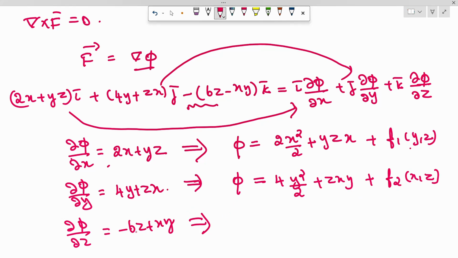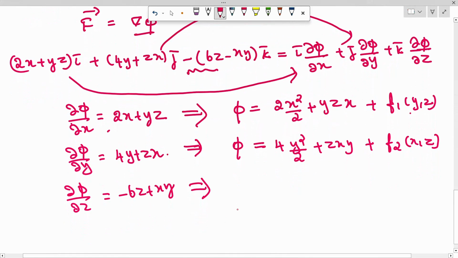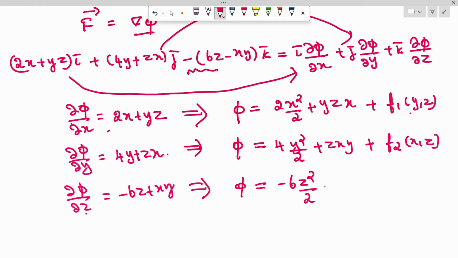Now from this equation, if we integrate this equation with respect to z, we will get phi. Phi is equal to minus 6z square by 2 plus xyz plus f3 of x comma y. Here x and y are constant.